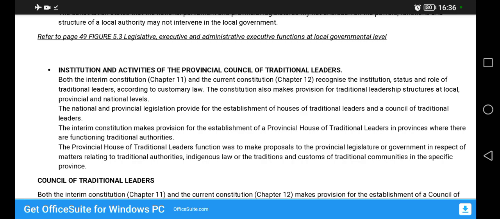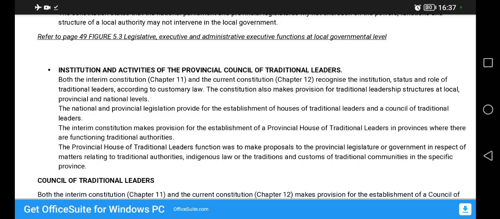The Constitution also makes provision for traditional leadership structures at local, provincial, and national levels. The national and provincial legislation provide for the establishment of houses of traditional leaders and a council of traditional leaders. The interim constitution makes provision for the establishment of a provincial house of traditional leaders in provinces where there are functioning traditional authorities.